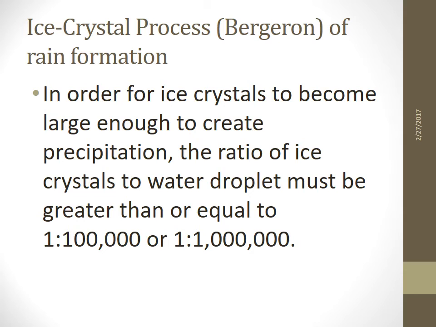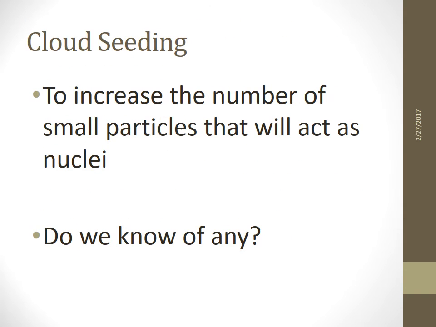Okay, so if these conditions exist in the cloud, we can get some precipitation to fall. All right, so let's talk about how we can induce precipitation. There's a process called cloud seeding.